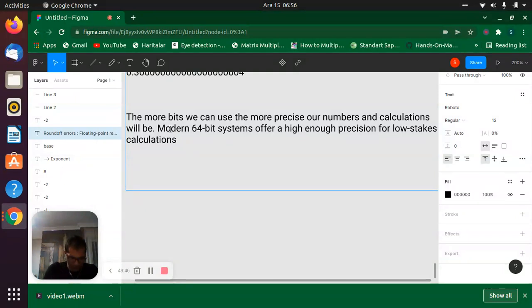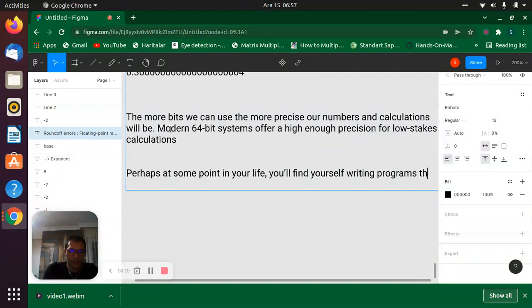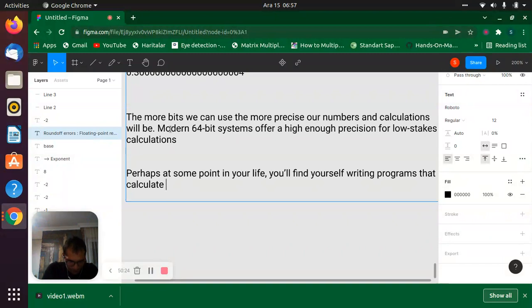Anyway, calculations: perhaps at some point in your life, you'll find yourself reading or writing programs that calculate voting outcomes, or power a self-driving car.